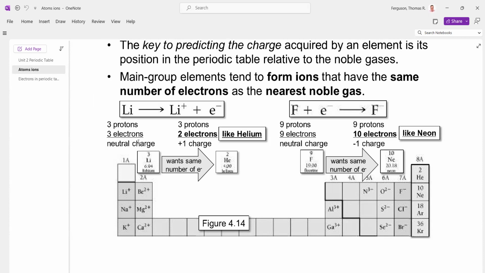Everything else forms compounds with other things for stability reasons. Sometimes they form something called an ionic compound. Ionic compounds are composed of a positive and a negative ion together.